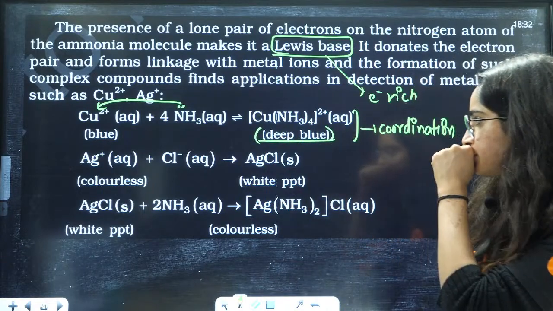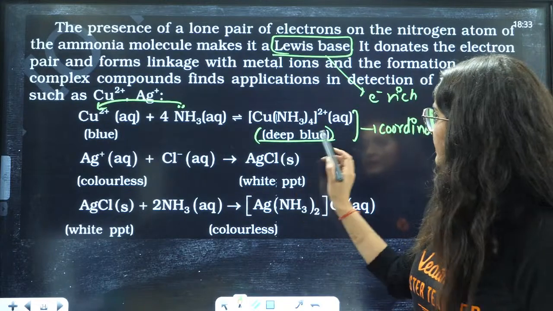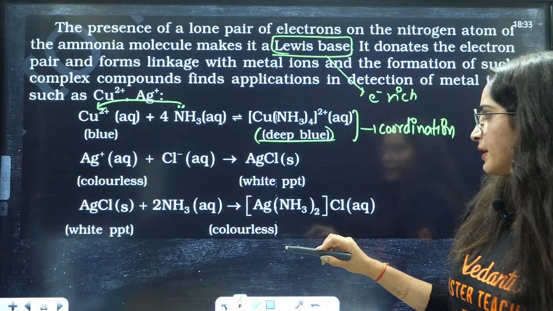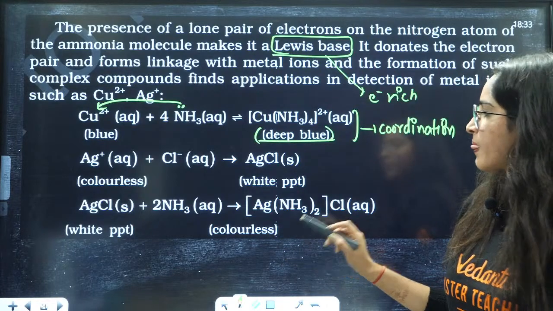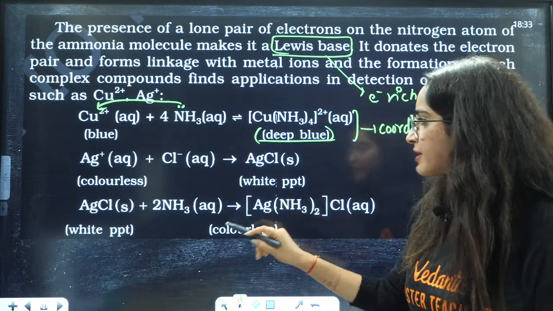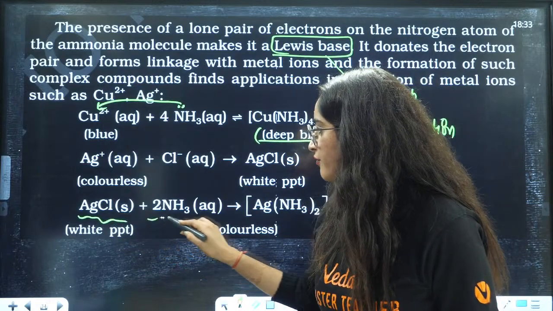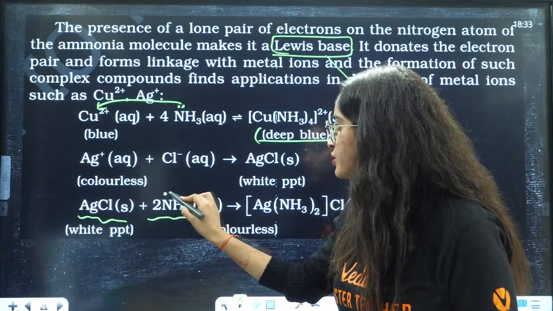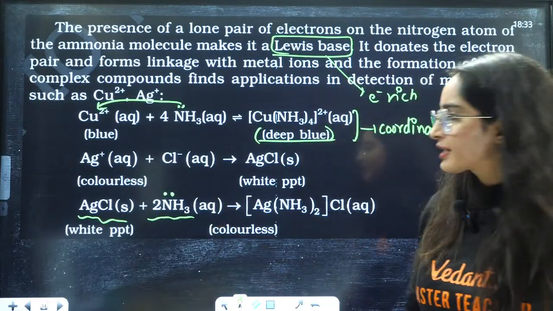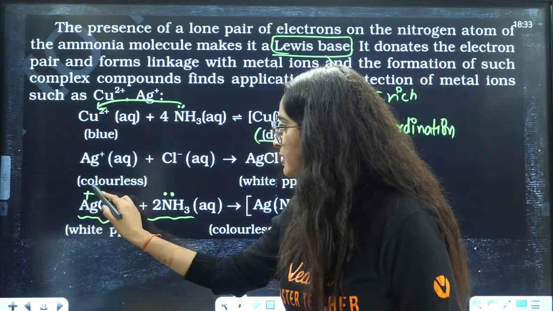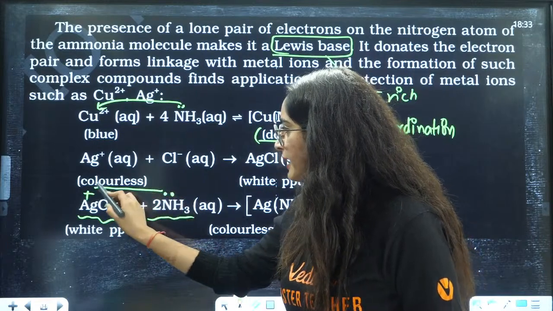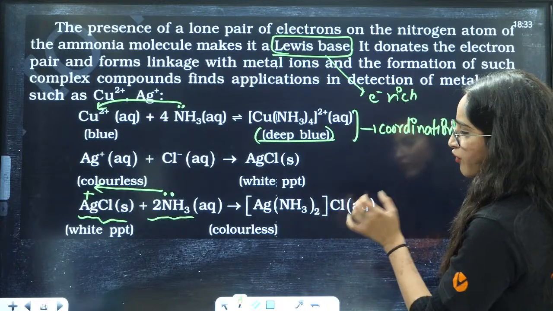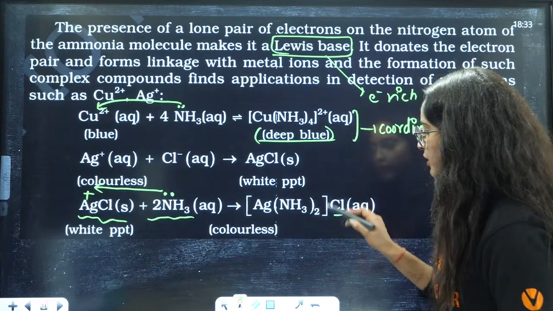Similarly, they are saying that, for example, you have AgCl with NH3. Now what will happen? Again, the lone pairs of this will be attracted towards the positive ion, and they will donate the electron pair to this positive ion, and hence this compound will be formed along with the counter ion here.